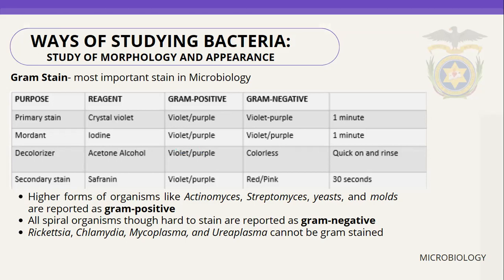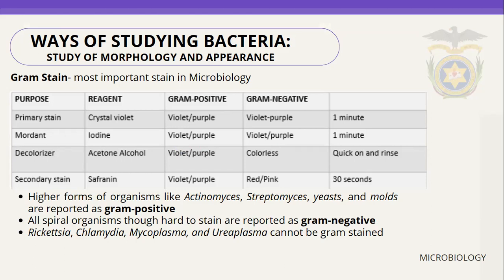With the acetone alcohol, gram-positive organisms will remain violet or purple, whereas gram-negative will be colorless. We use the decolorizer quickly and rinse.